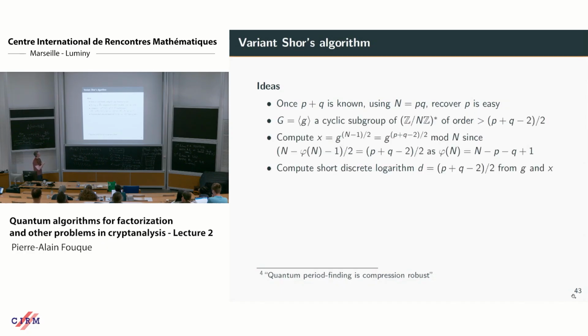So how can we put the discrete log in the exponent? Now it's not too complicated. We take as input some element, and we hope that its order is larger than the discrete log we are looking for. Basically you can think of the exponent as p plus q.